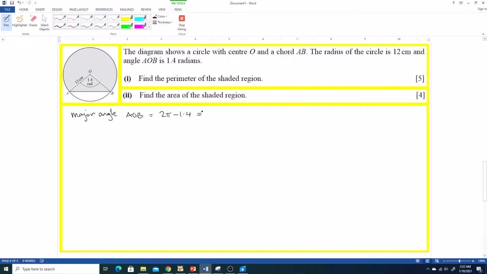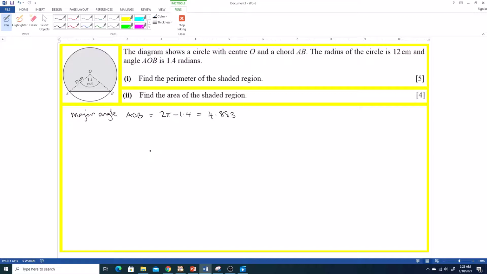Let's punch that out and it gives us 4.883. Okay, so to find the perimeter of the shaded region, you need to do two things.